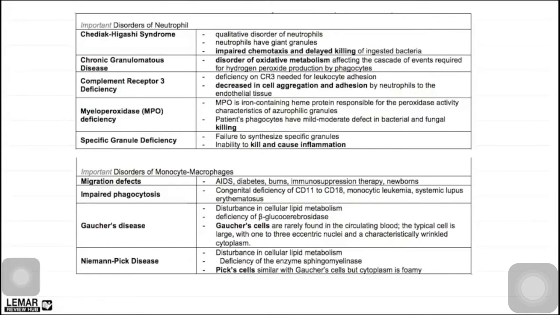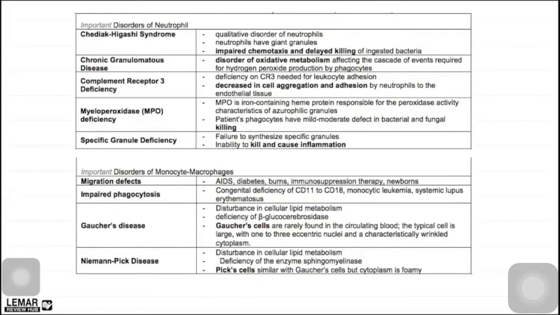We have also Gaucher's disease. This involves a disturbance in cellular lipid metabolism. This is a rare genetic defect of macrophages involving a deficiency of beta-glucocerebrosidase.